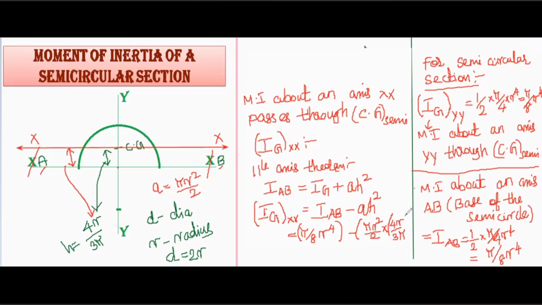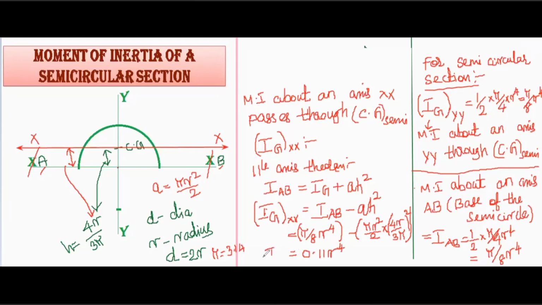This square is only for h, not for the area. If you simplify all the values and substitute the value of pi equal to 3.14 or 22 by 7, finally we will get the answer 0.11 r power 4.